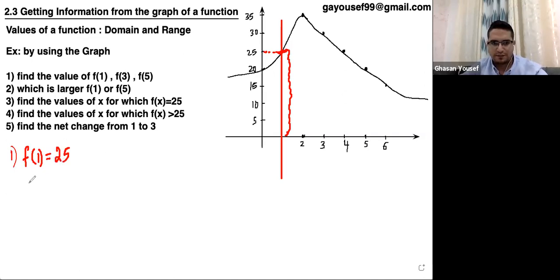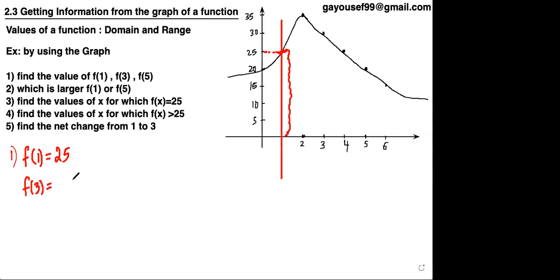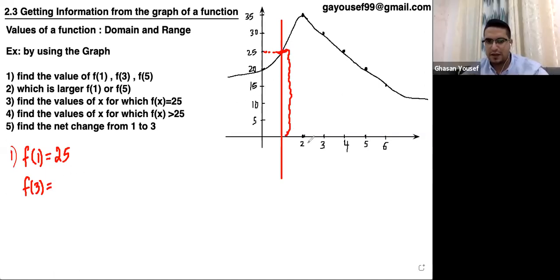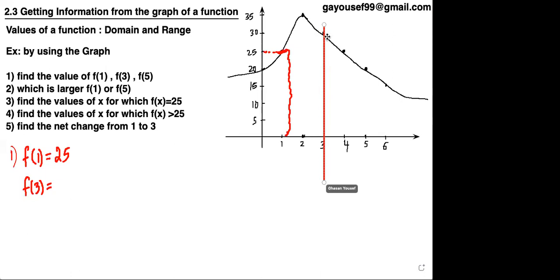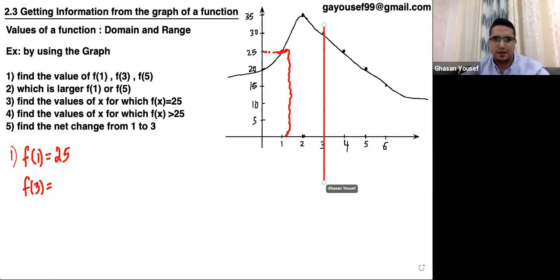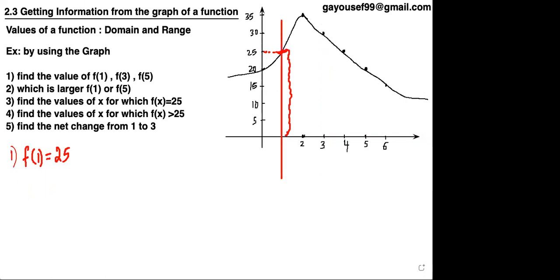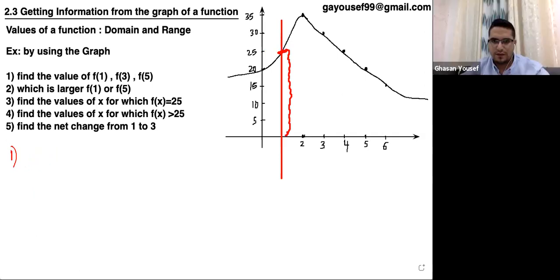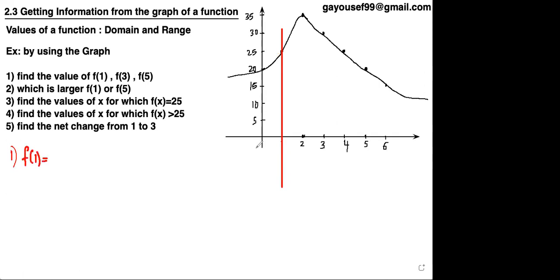Now what is f of 3? The value is 35. Or exactly, we should draw a line like this. The height from the x-axis until where the... Oh yeah, sorry, I was looking at 2. It's 30 exactly. So the value is 30. So f of 1 shows the distance is 25. f of 3 is 30.